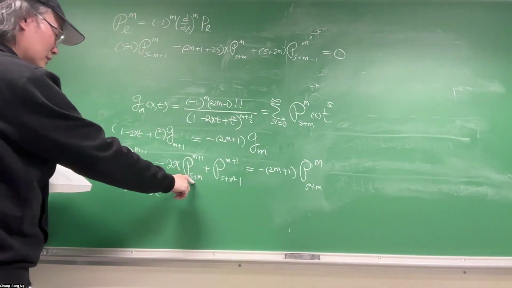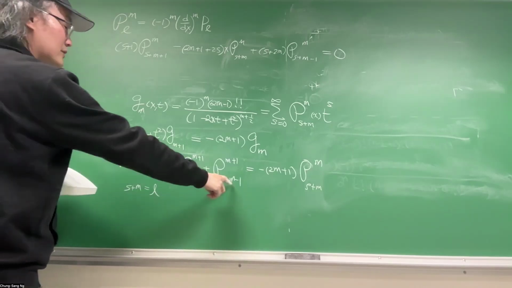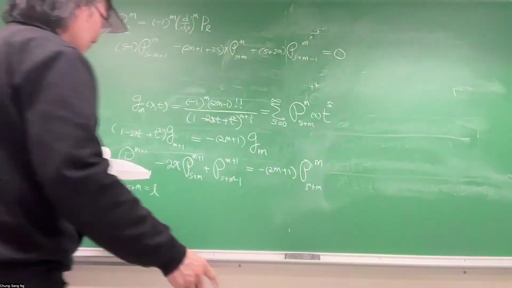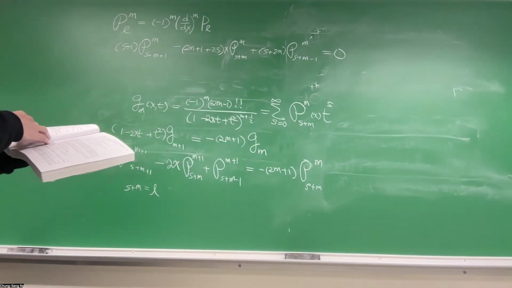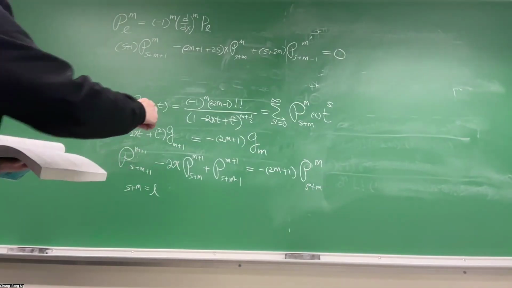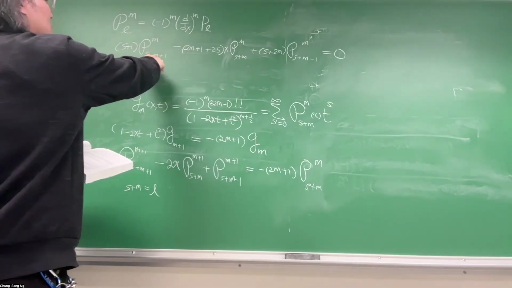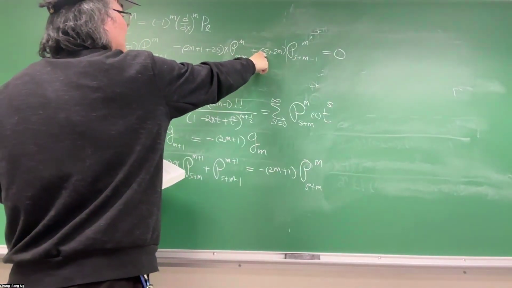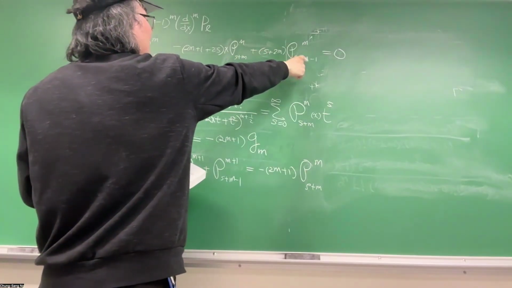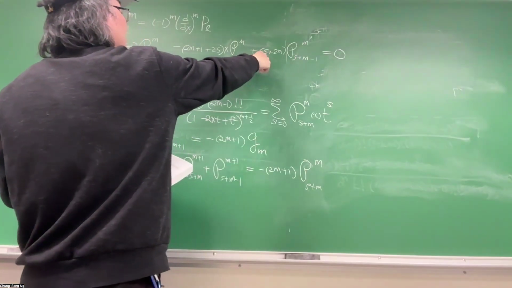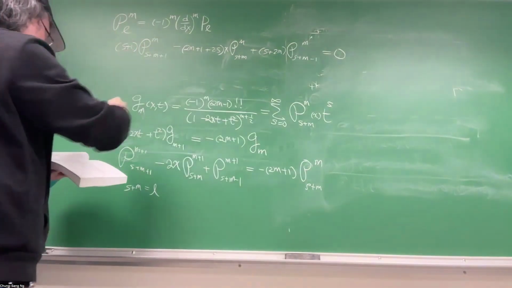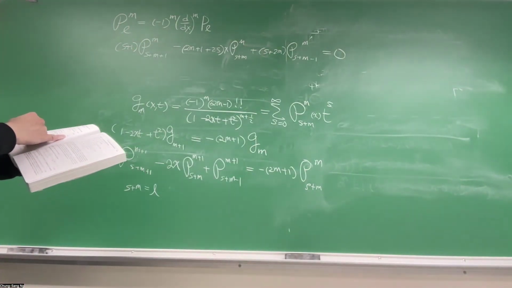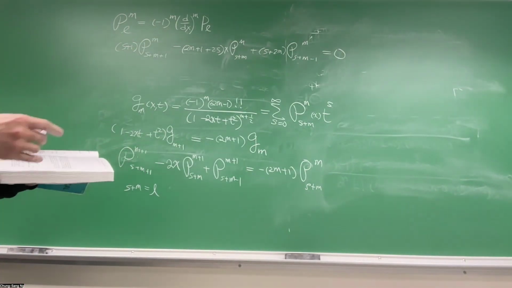Just shift all this to L. This L plus 1, this L minus 1, this L. So that would be equation 15.86. But for this one, you change this to L. But then whenever you see s, it becomes L minus m. L minus m here, L minus m. And then you get 15.84. So that's another trick.